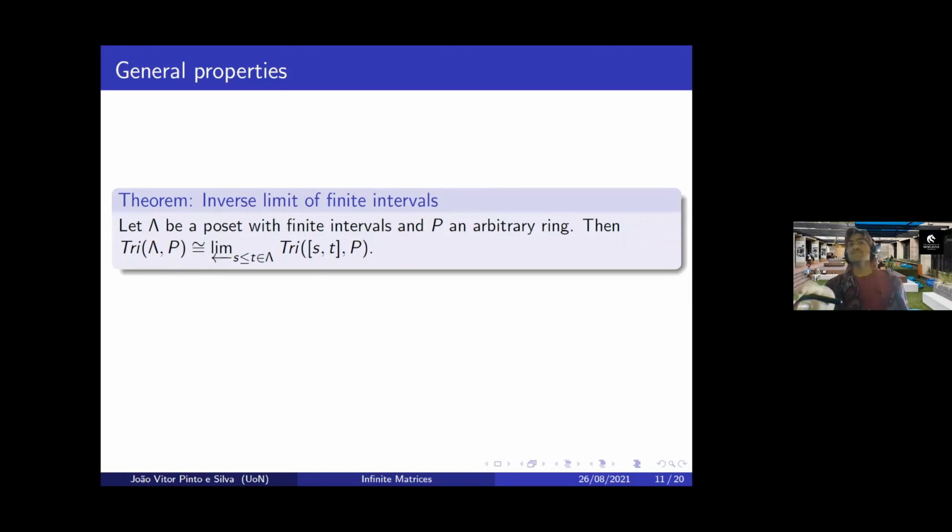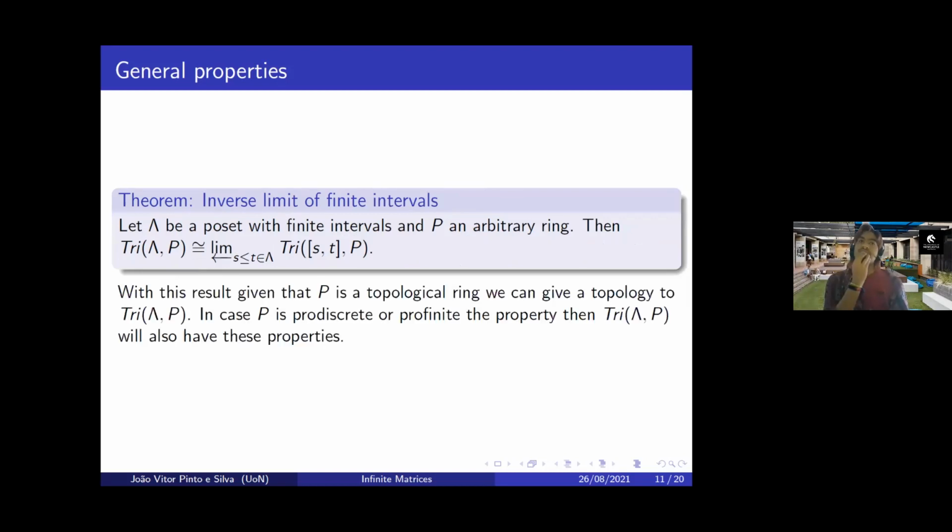And with this result, as with inverse limits, if P is a topological ring, we can give a topology to this bigger ring. And in case P is pro-discrete or profinite, then our Tri_Λ(P) will also be profinite or pro-discrete.